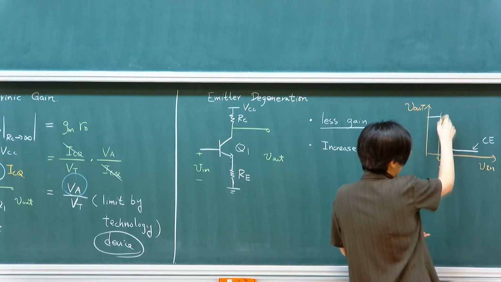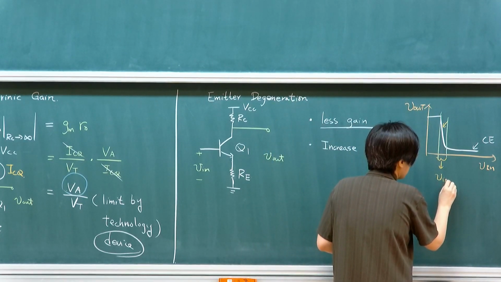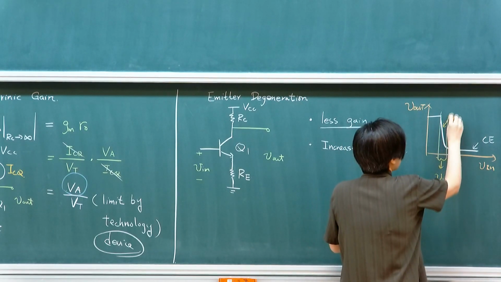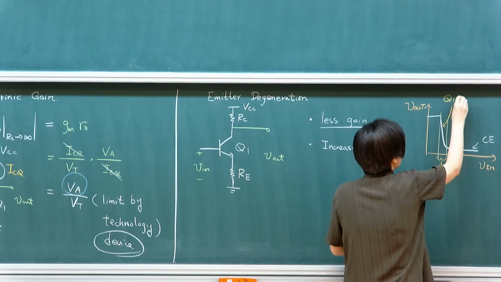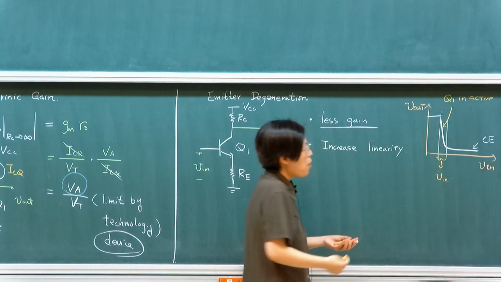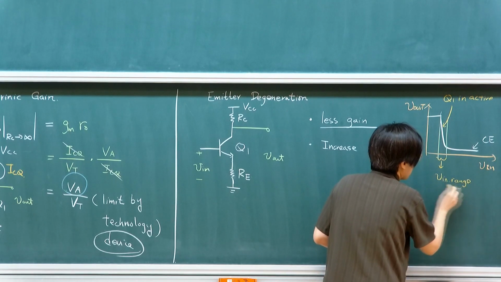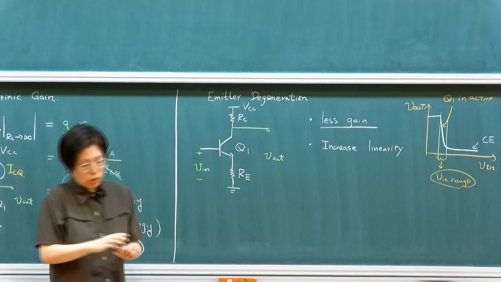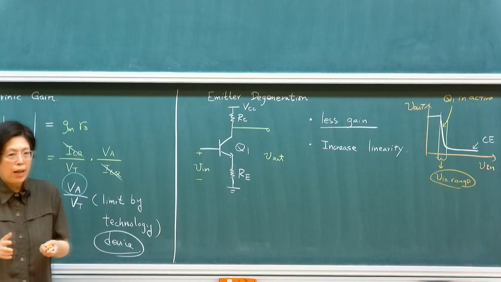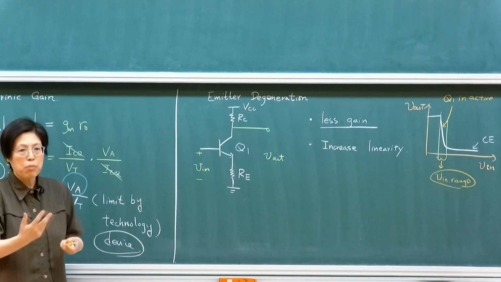This is the exponential dependency, therefore it drops very quickly, meaning that my input range is small. This region is when Q1 is inactive. So the valid operation, I should say this is the V in range, is very, very small. That would then lead to a problem that it is very hard for the circuit to be placed at a particular location if there are any variations in input.